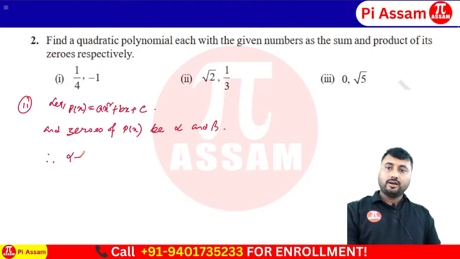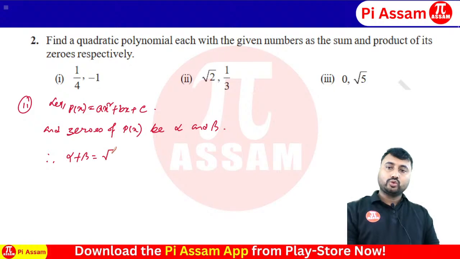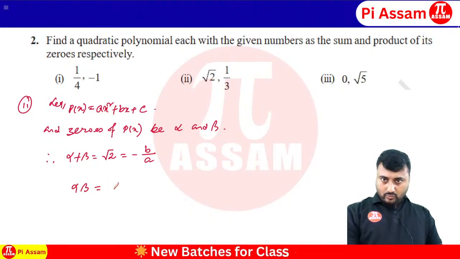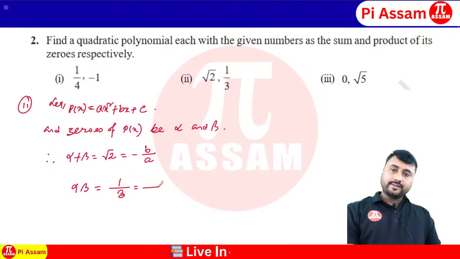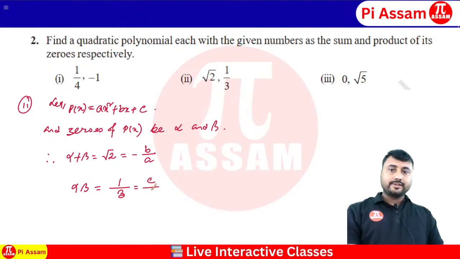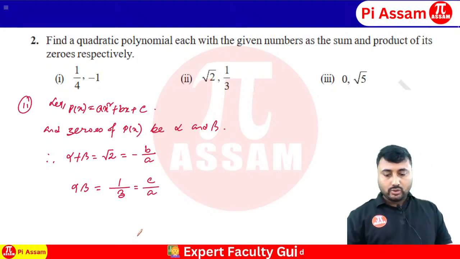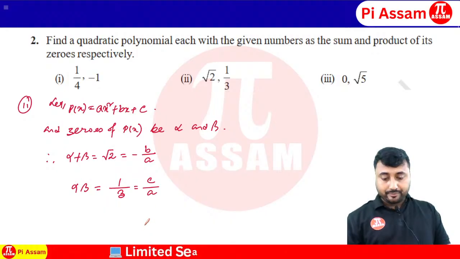Here given alpha plus beta is equal to root 2, which is equal to minus b by a, and alpha into beta is equal to 1 by 3, which is equal to c by a. So from this relation we will express the polynomial.